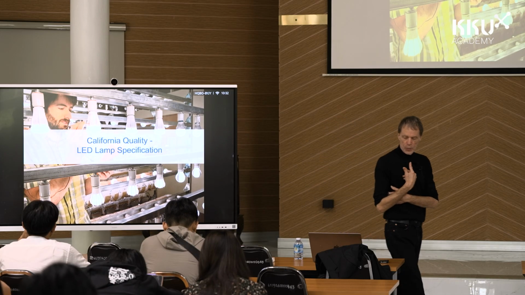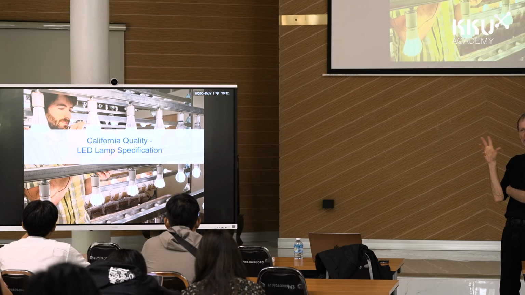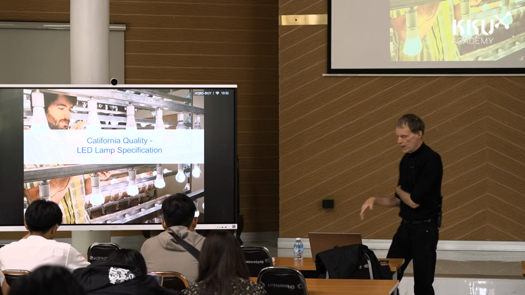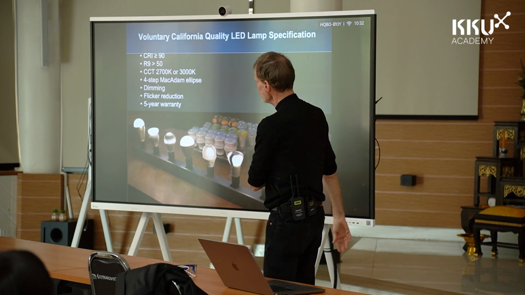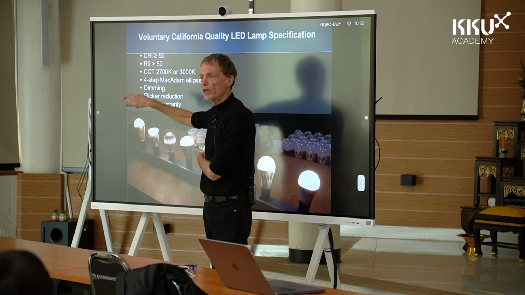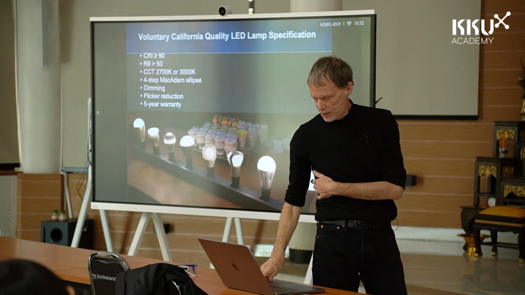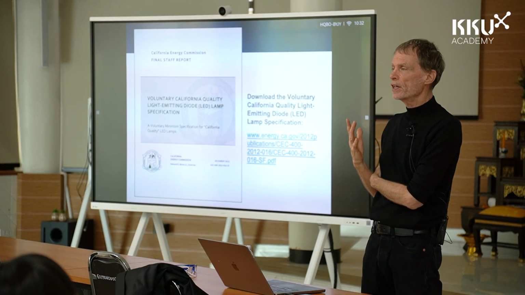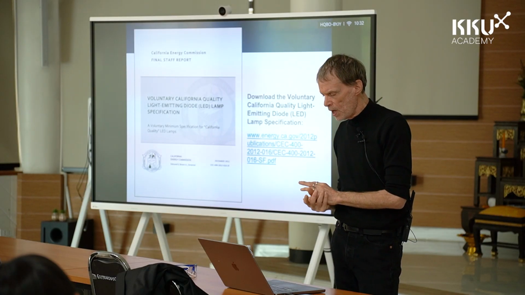In my work, I'm doing a lot of study on how these things look, what their relative appearance is, and I wrote a specification that calls for high R9 and a high color rendering index for all commercial lamps. And this is now state law in California that you must have broad spectrum lamps.